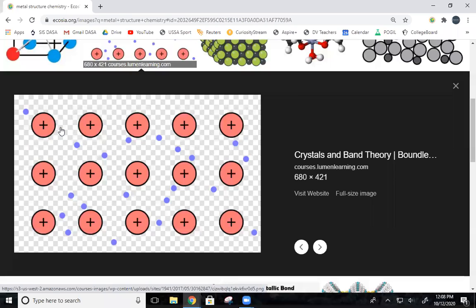But in metals, those positive and negative charges just kind of flow all around. So it's kind of like an average, yeah. But again, it's moving so fast.